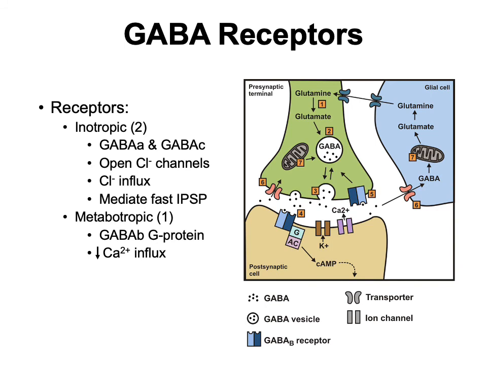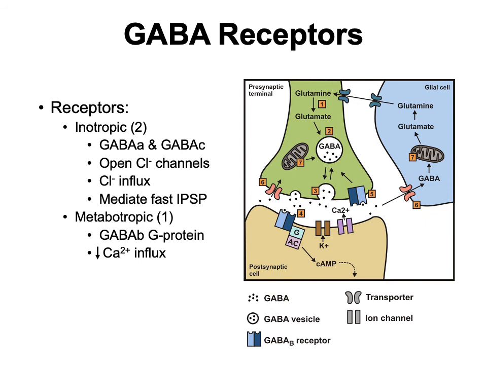GABA receptors, you've got 3 of them. 2 are ionotropic, GABA A and GABA C, and they open chlorine channels and allow influx of chlorine, which is going to make it more negative on the inside, mediating a fast IPSP, inhibitory postsynaptic potential.